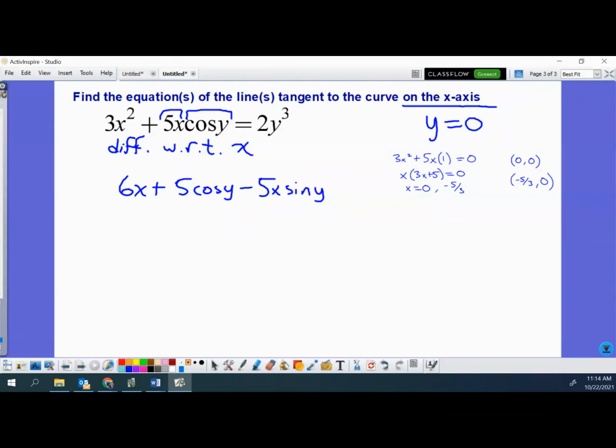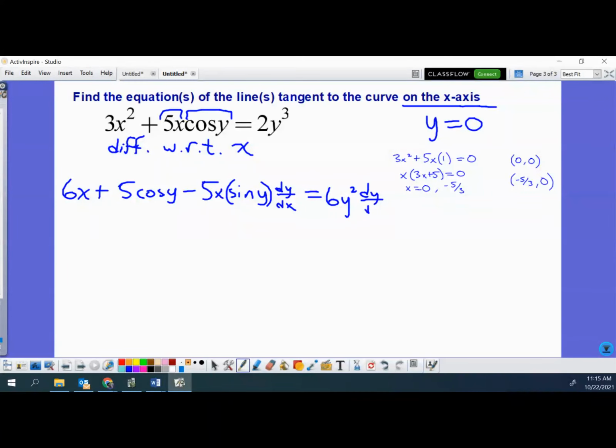What am I missing? y prime, or dy dx. Good. I'll put parentheses there so that it's clear the sign ends. And then I still need the other side of this equation, which was 2y cubed. Do the power rule on that. So it's going to be 6y squared y prime, dy dx. Perfect. I'm going full Leibniz here with the dy dx.